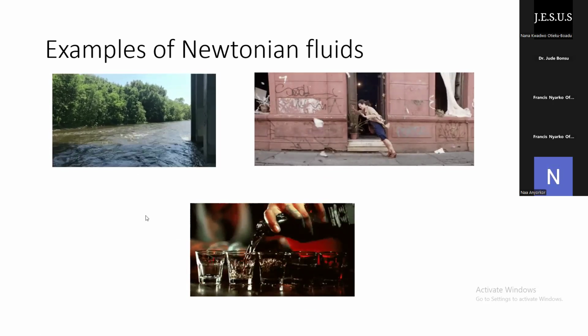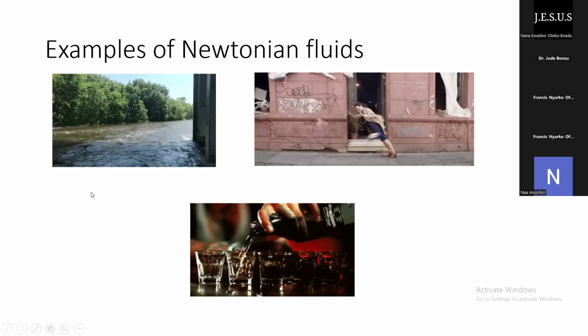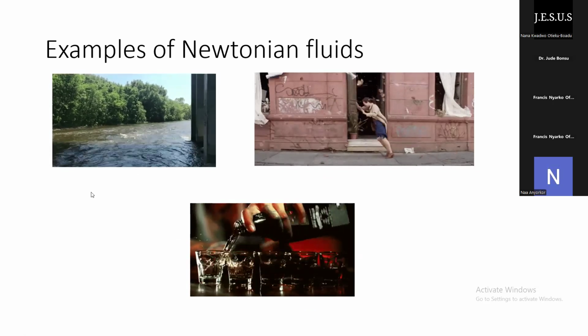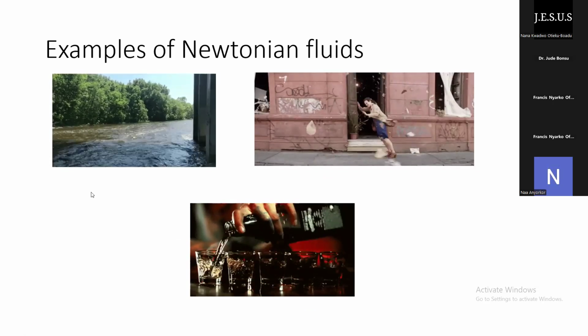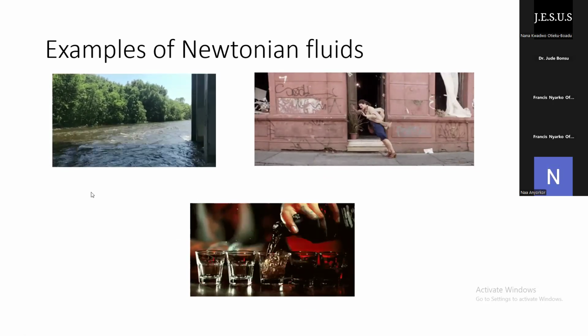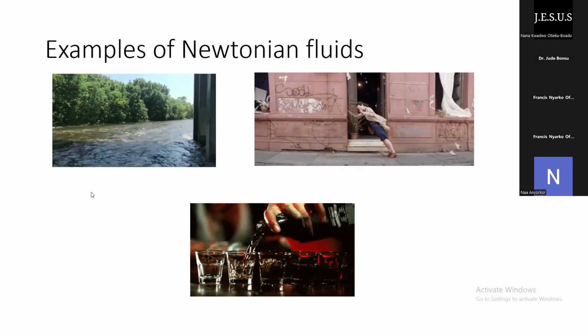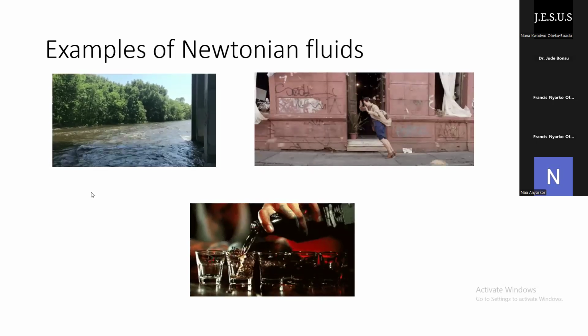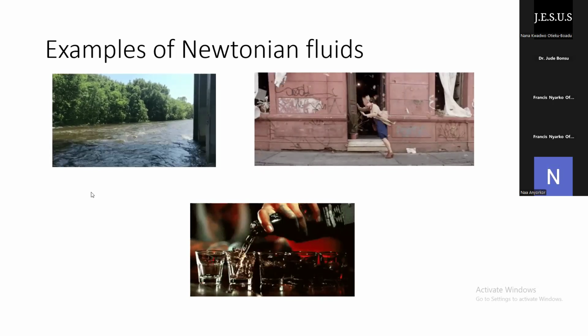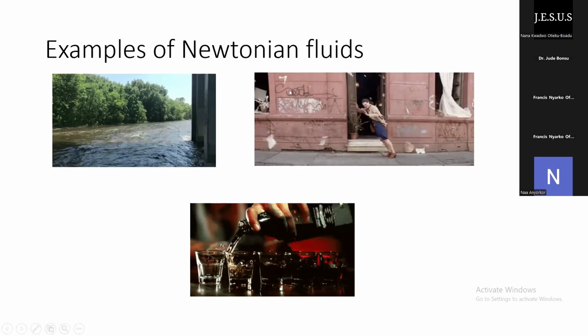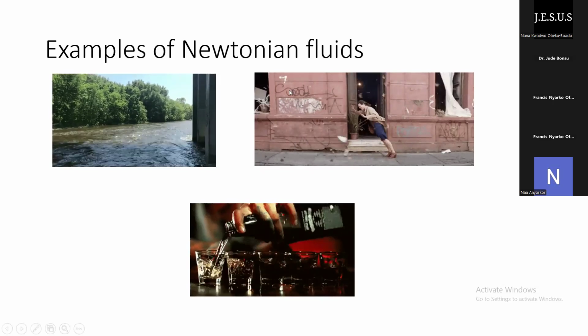So when you look at water, for instance, the viscosity of water wouldn't change that much. Regardless of the amount of shear stress you impose on the water, the viscosity will still be the same. The same applies to the air and then this fluid also. So these are all called Newtonian fluids.